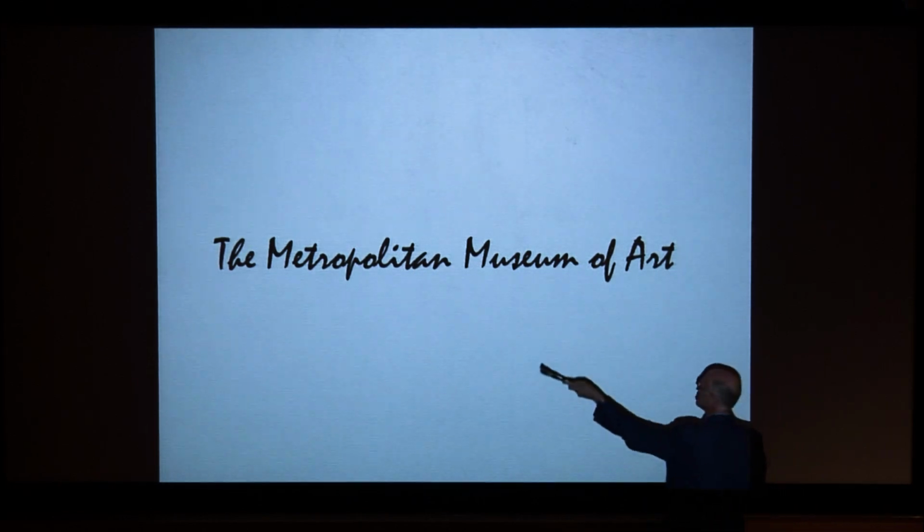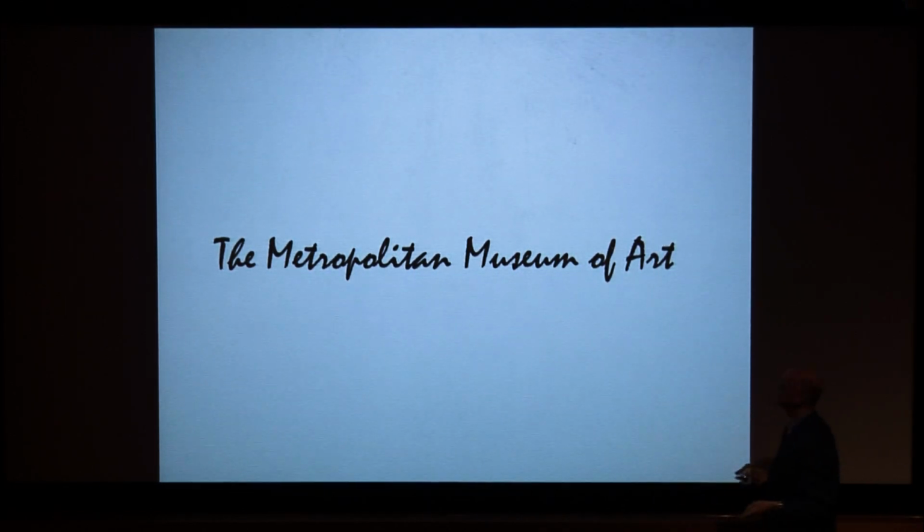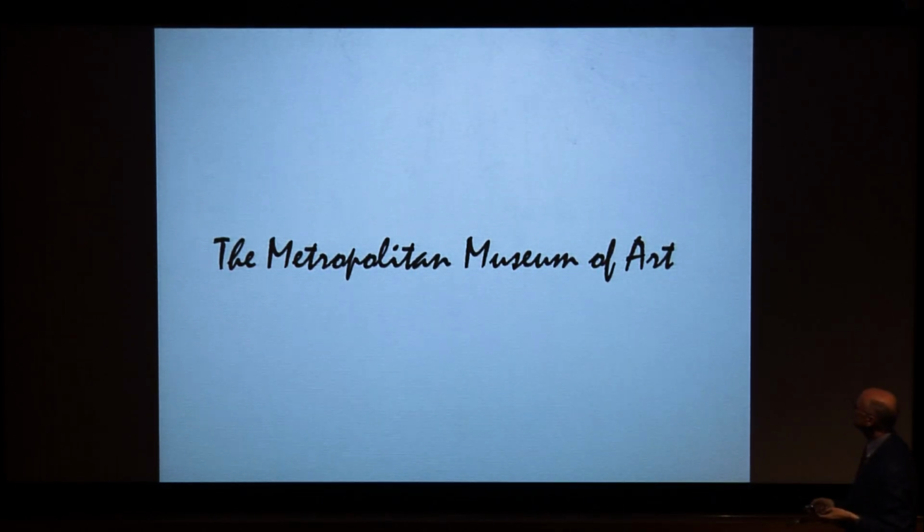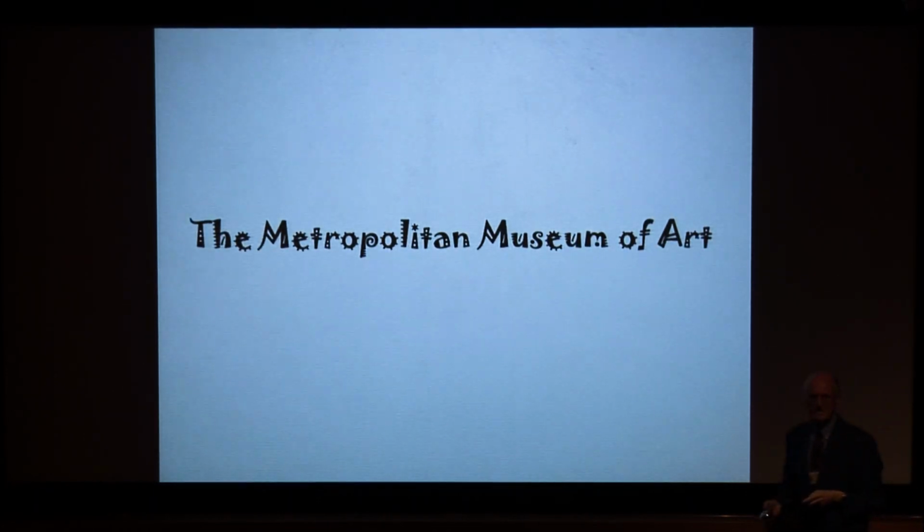I'm inclined to sort of read this with a French accent for some reason. Or the Met as a Saturday morning, kid-friendly kind of place. All of these are messages conveyed solely by the script, by the way these words are written. But it's not limited to things that we can read.